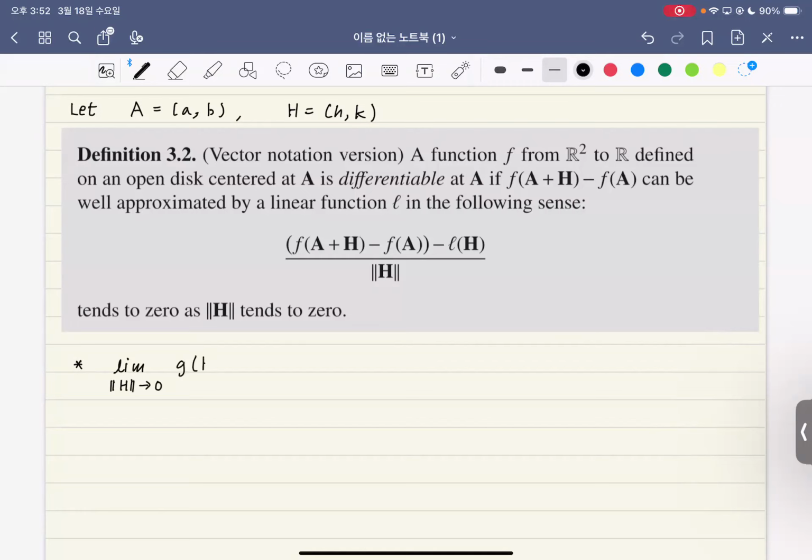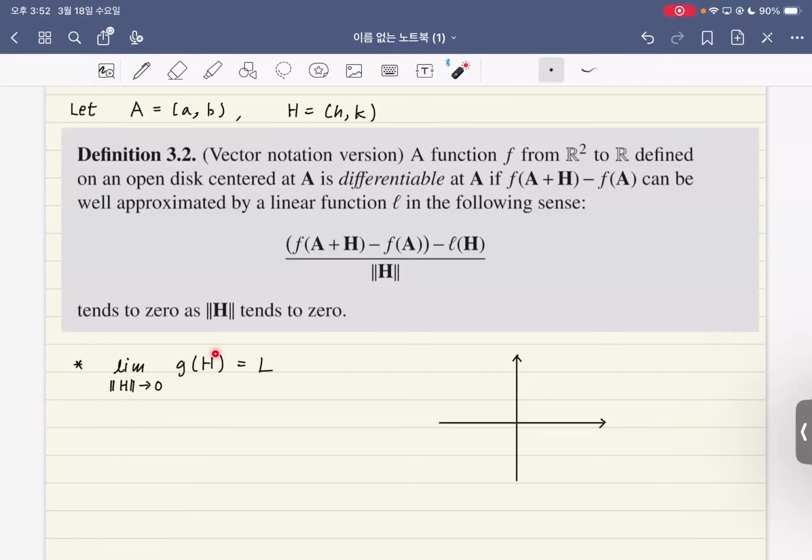Suppose that we have some function whose domain is R2. If you want to discuss the limit of this multivariable function, I hope you understand this first.